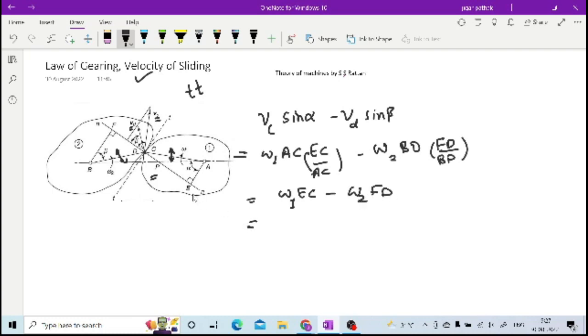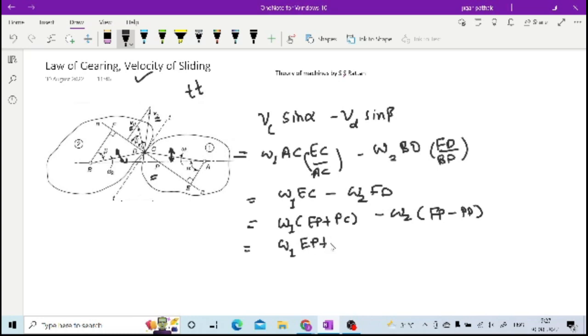Now EC can be written as EP plus PC, right? So omega 1 into EP plus PC, minus omega 2 FD, which can be written as FP minus PD. Now if you see, omega 1 PC and omega 2 PD are coming positive, right?